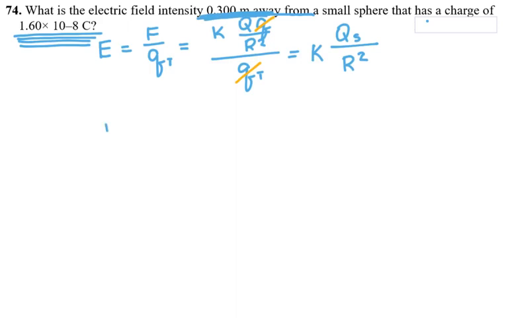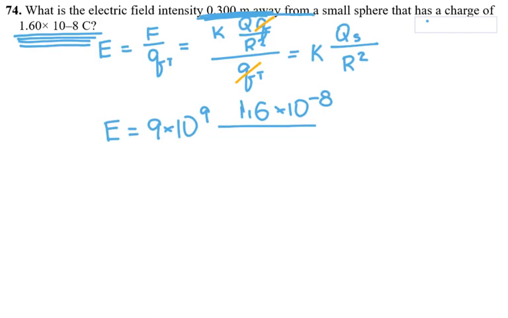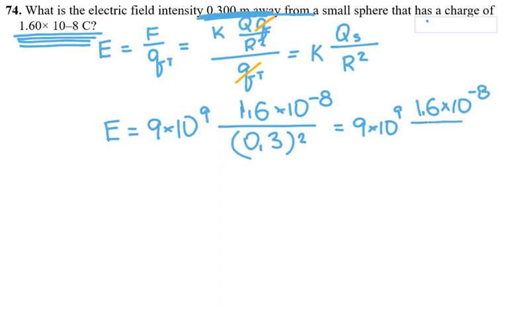I can calculate it as K, which is 9 × 10^9, the Coulomb constant, and the charge is 1.6 × 10^-8, and the distance is 0.3 squared. So I will get 9 × 10^9 times 1.6 × 10^-8, and here I have 9 × 10^-2.